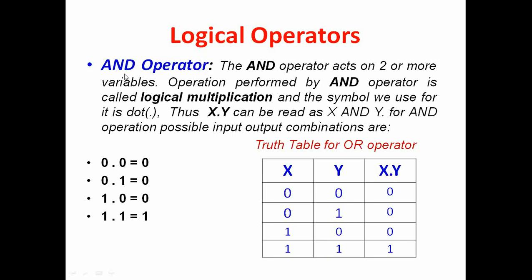Then we have the AND operator. The AND operator also acts on two or more variables. The operation performed by the AND operator is called logical multiplication, and the symbol we use for it is dot. Therefore, X dot Y can be read as X and Y. For the AND operation, the possible input-output combinations are 0.0 is 0, 0.1 is 0, 1.0 is also 0, and only 1.1 gives you 1 in the output.